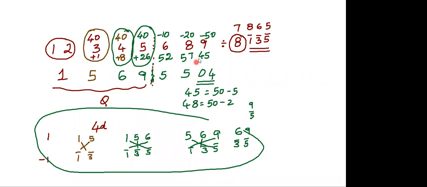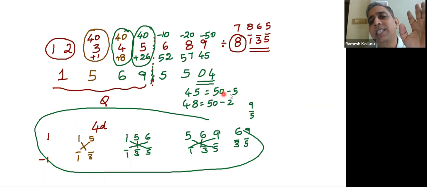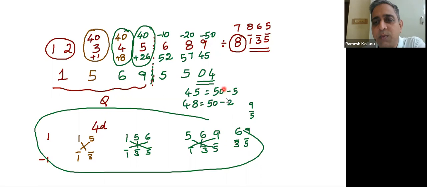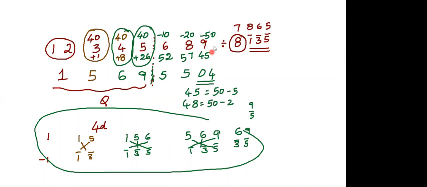So to maintain the 3 digits, we pass these negatives, right? So 5 is written here, and minus 50 is passed. And then 45 plus 9 is 54. 54 minus 50 is 4.